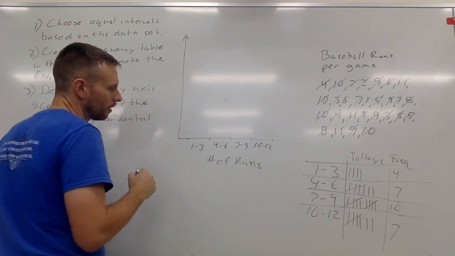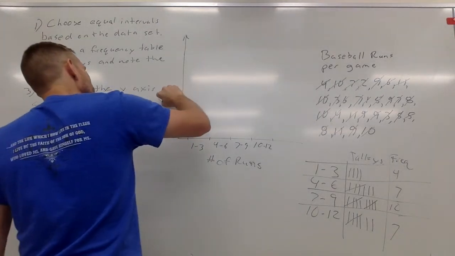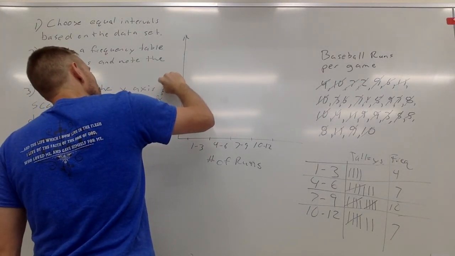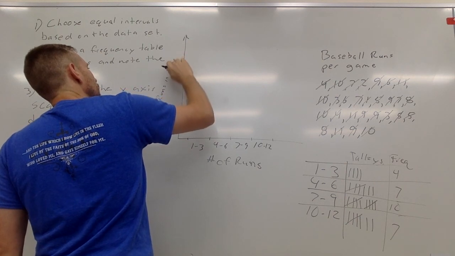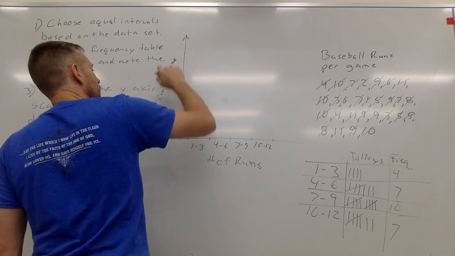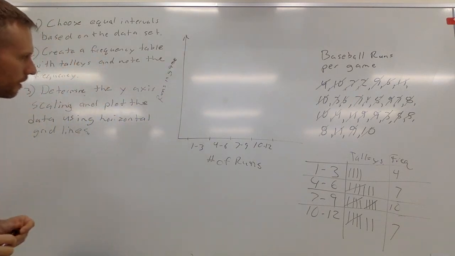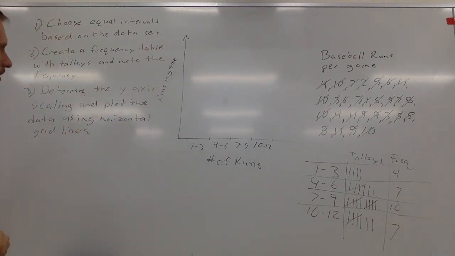Let's see, we should say runs in a game, maybe. Or this is maybe points in the game. This is how many times we score between 1 and 3, the number of games, okay?